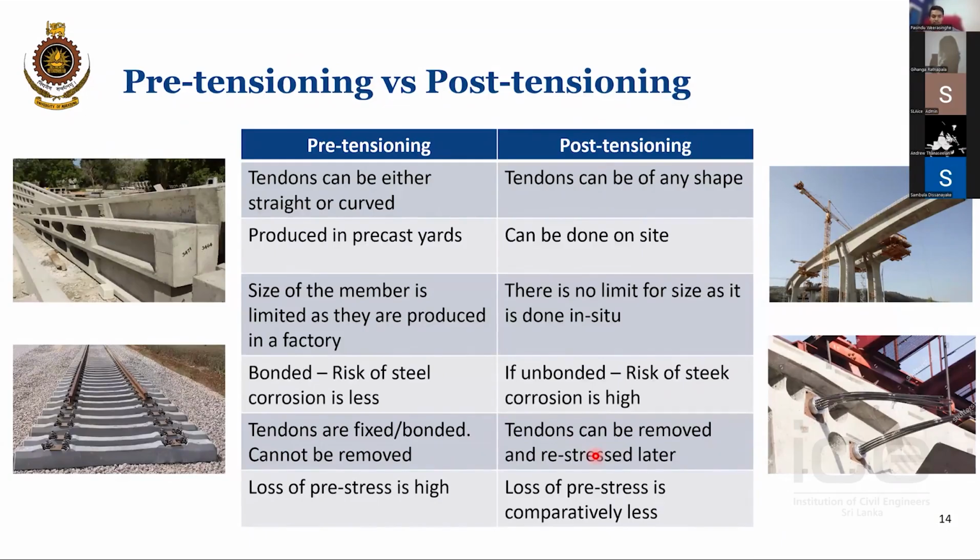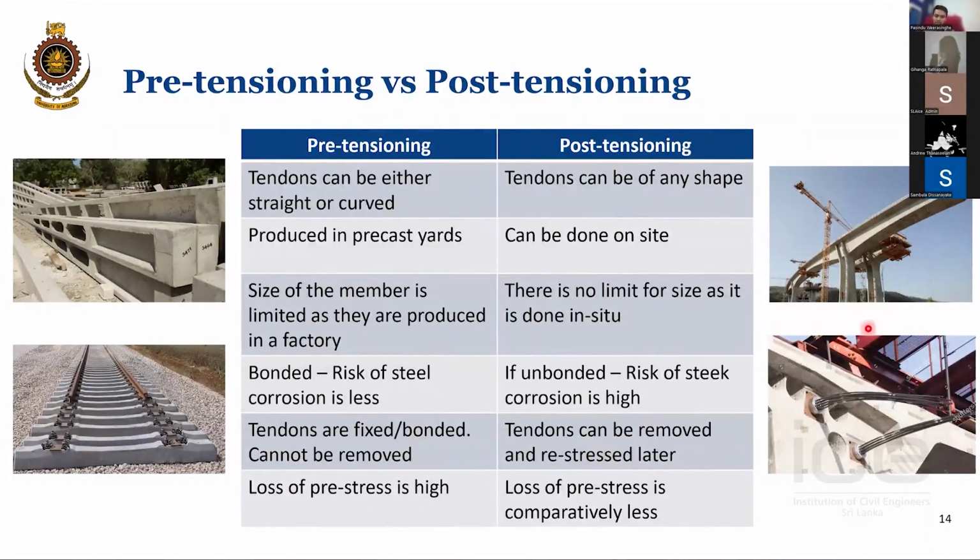This can happen in bridge beams, bridge girders normally. With time, what will happen is the pre-stress force that we apply can be lost due to pre-stress losses, which I will discuss later. In that case, what you can do is re-stress them if they are unbonded. If they are pre-tension members, you can't do that.